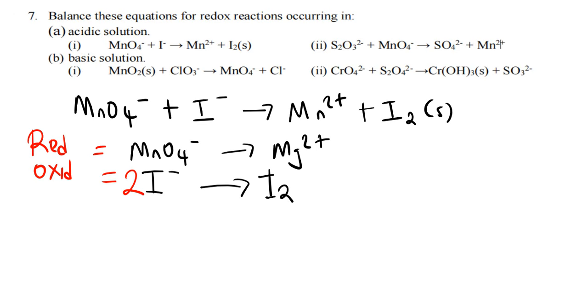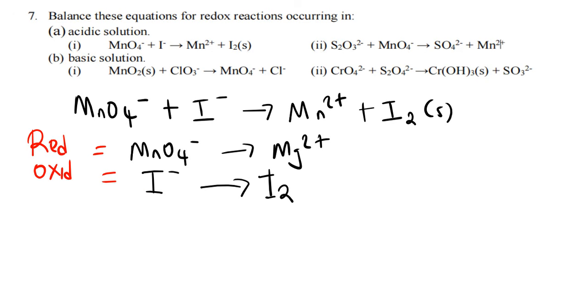Next we balance oxygen and hydrogen. You balance oxygen with water. In acidic media, you balance hydrogen with H⁺, which is just a proton. If it was basic, we would add OH⁻, which we are going to talk about.